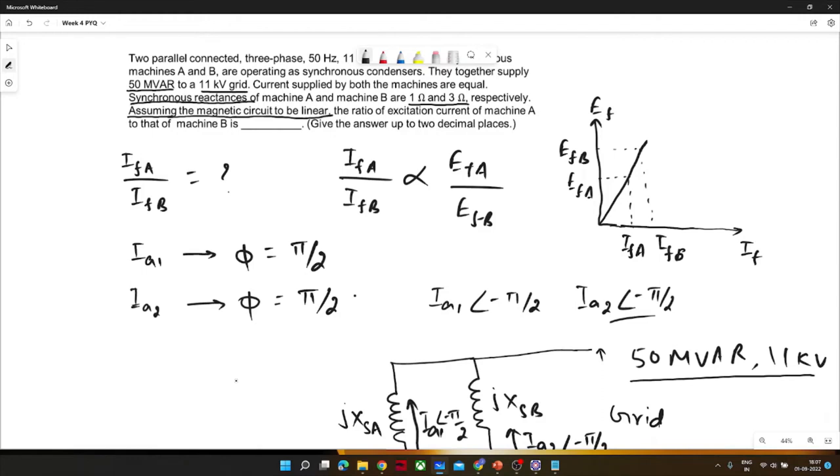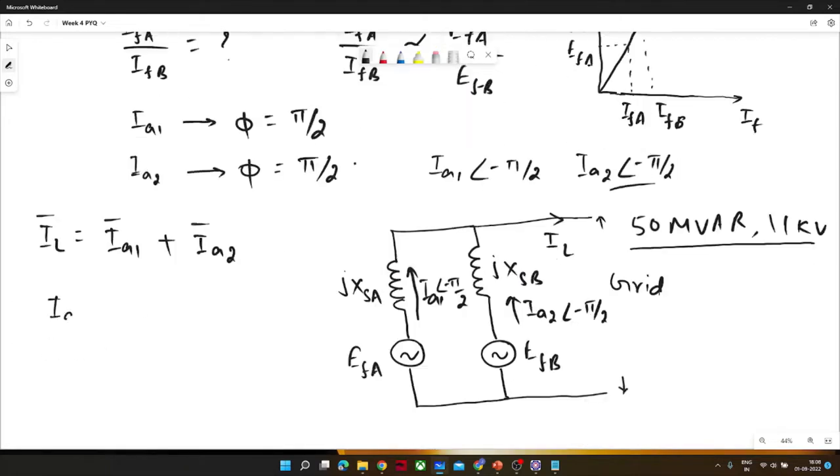The total current is IL, which is IA1 plus IA2, as given by the question. We can also write IA1 is equal to IA2 is equal to IL by 2.